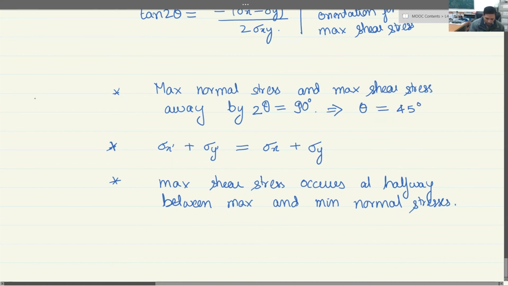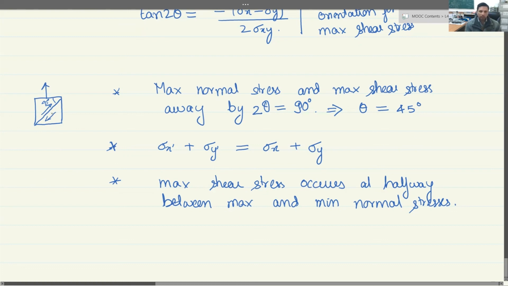So in general, that would mean that if you have some cubic structure like this, and you are applying only normal stress here, then at this particular orientation, you will have only shear stress and no normal stress. So this is 45 degrees away. And when you go back from here to here, you will have the maximum normal stress.